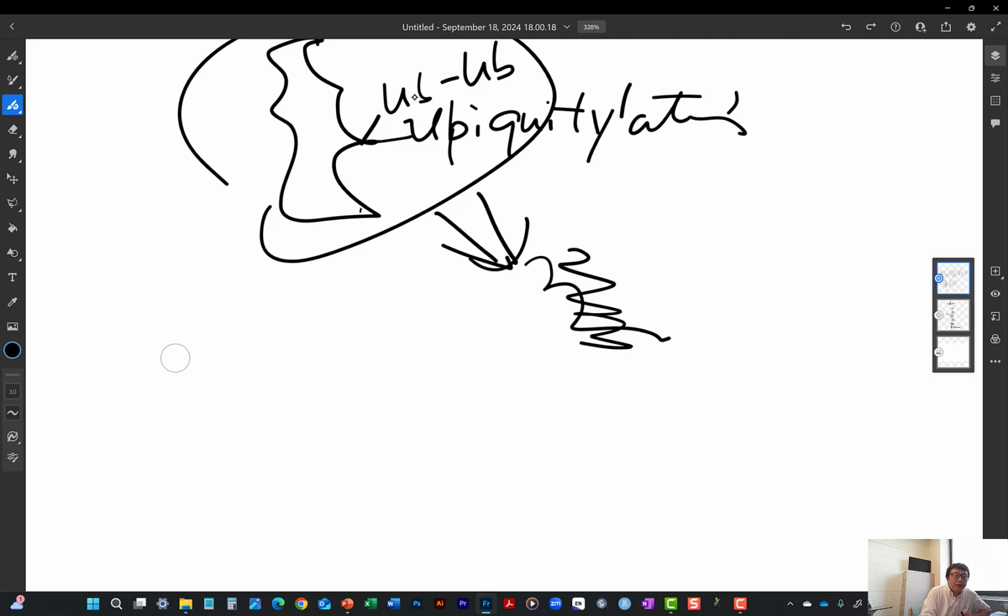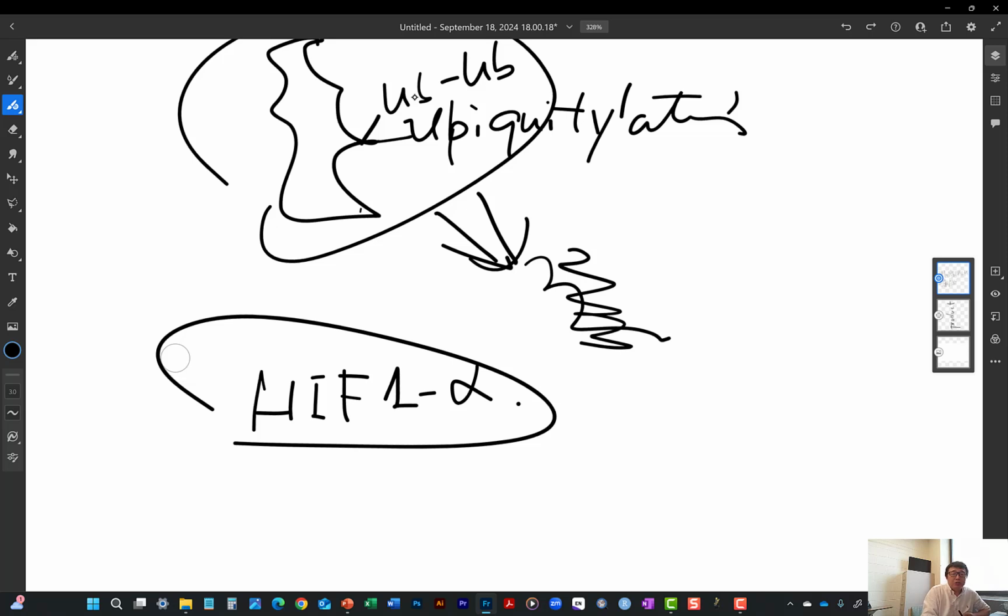And here we make a special example called HIF1 alpha. HIF1 alpha is a master transcription factor. And once HIF alpha is activated, the cells steer in a direction to use less oxygen, because HIF alpha is the emergency protein to help the cell survive a hypoxia condition.